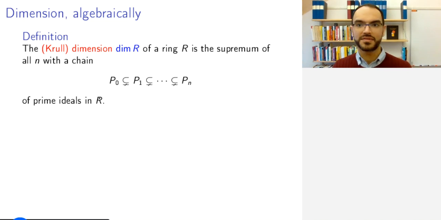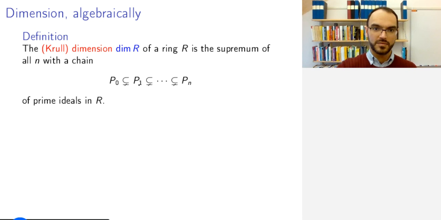This is a reasonable thing because remember, in the back of our head, we have R as being the coordinate ring of an affine variety. And in that case, prime ideals correspond to irreducible subvarieties. So this is somehow similar to that definition.